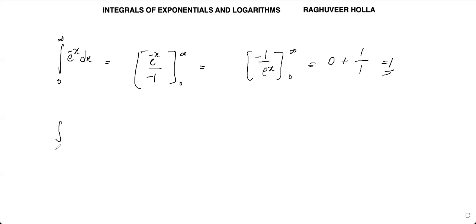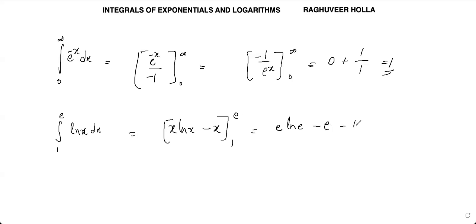Now this is the integral from 1 to e of ln x dx. We have already seen that the integral of ln x dx is x ln x minus x. So from 1 to e, this will be e ln e minus e, minus 1 ln 1 minus 1.